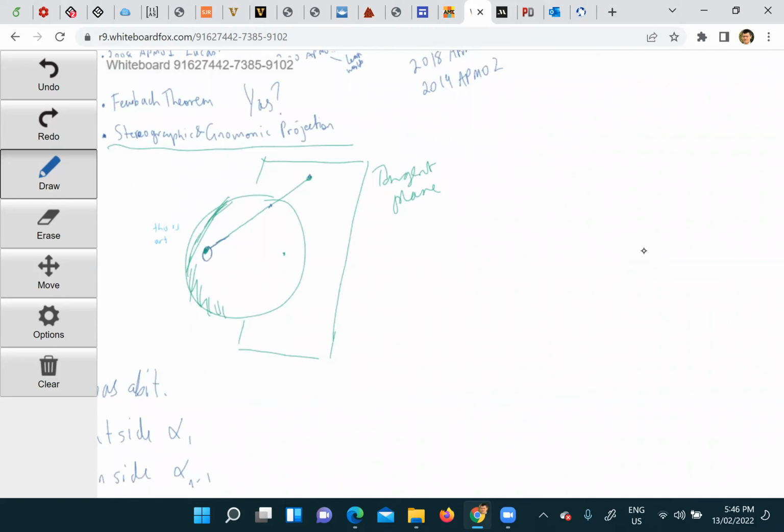What's a line? A line between two things on the sphere? It's on a great circle. A great circle is the biggest diameter circle, and then you have little circles. A great circle contains line segments.